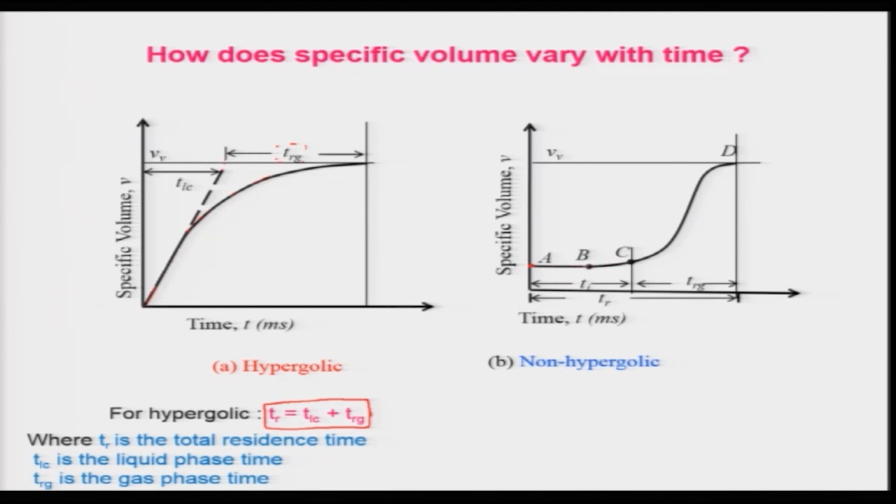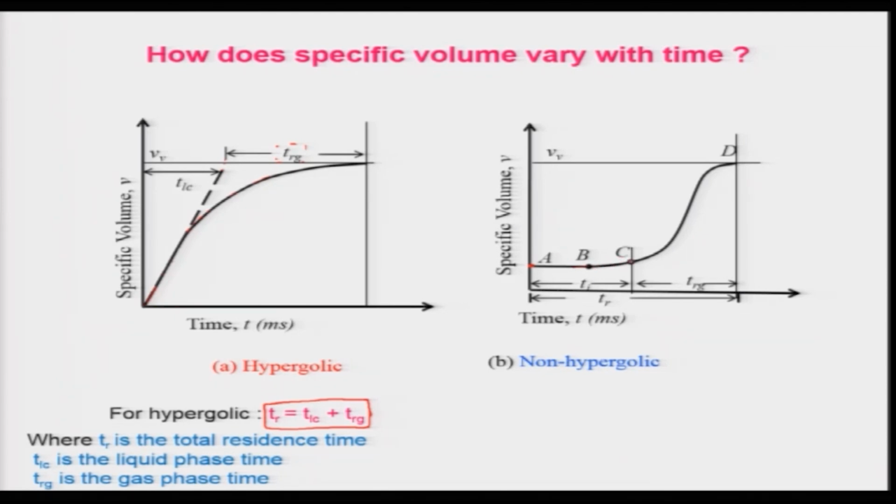Then you start igniting the mixture, unlike hypergolic propellant where ignition energy is not required initially, but in non-hypergolic propellant you have to provide it, and it takes some time for the ignition to occur.